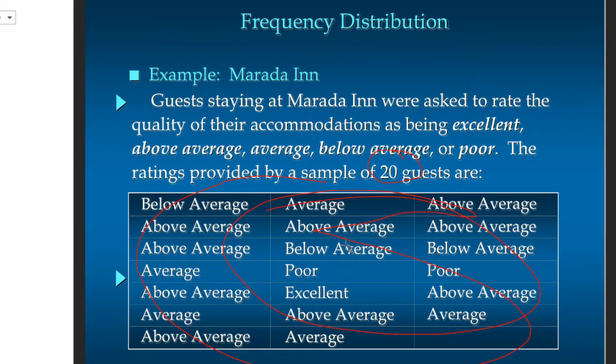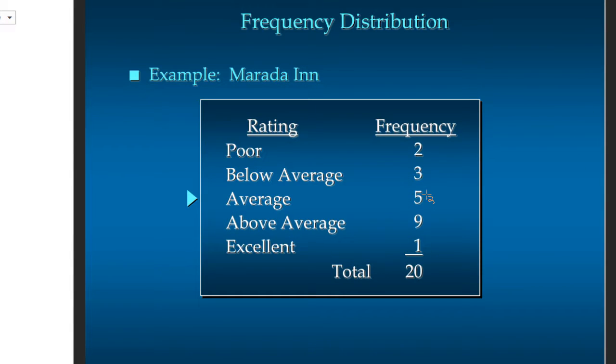Well, when you look at this table as a whole, it's kind of hard to see which one's which, right? So what you are going to do is make what's called the frequency distribution.